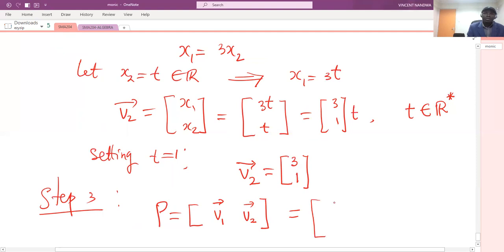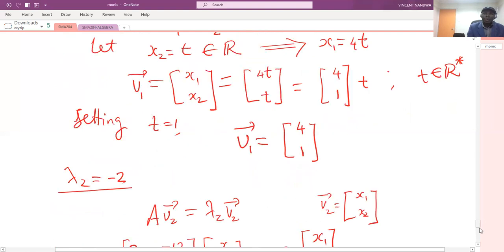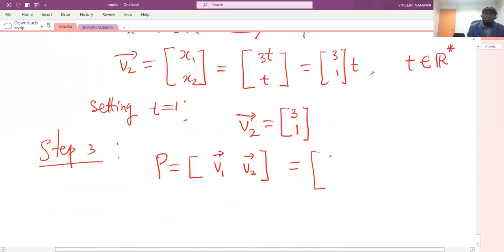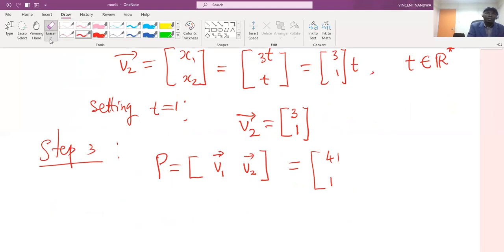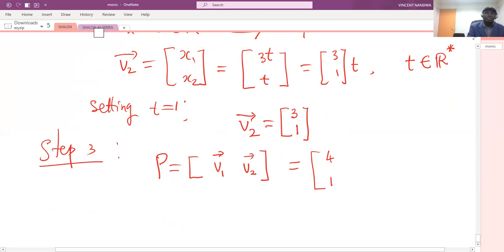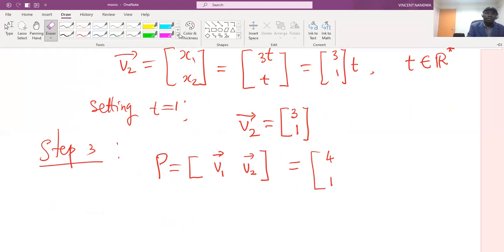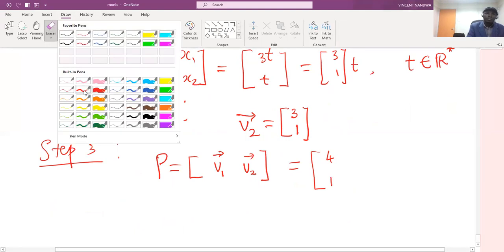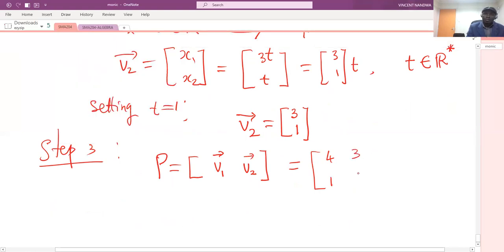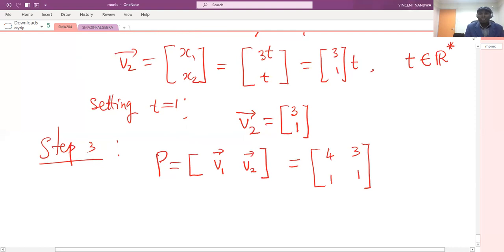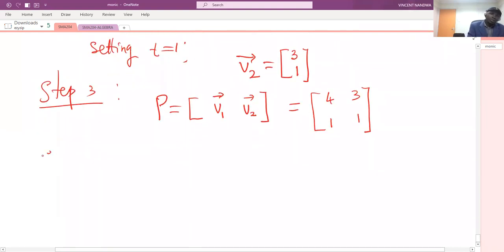So our v1 was given by 4, 1, and our v2 from our calculation in the previous step is 3, 1. So this is how we form P: a matrix formed by columns, where the columns are the eigenvectors.